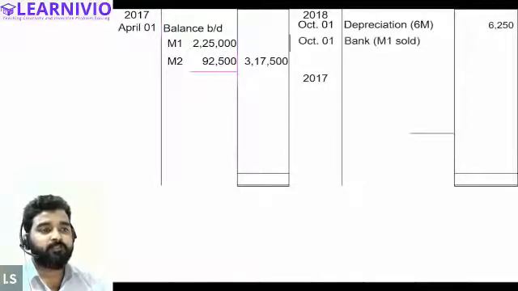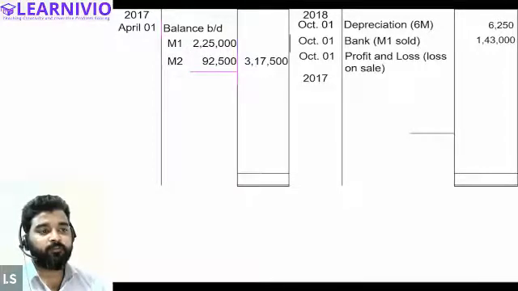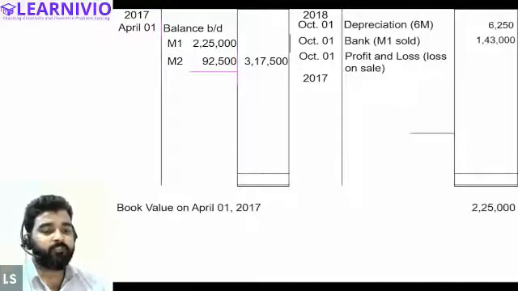Now we are selling this machinery for 1,43,000, and we have to calculate the profit or loss. In order to find out the profit or loss, we will prepare the working note.